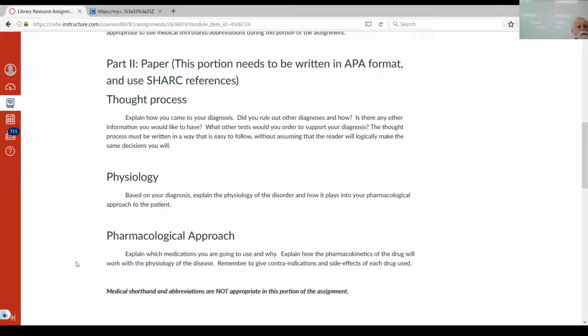Remember that hospitals are getting away from using abbreviations in medical records. And the reason is that there is a list.